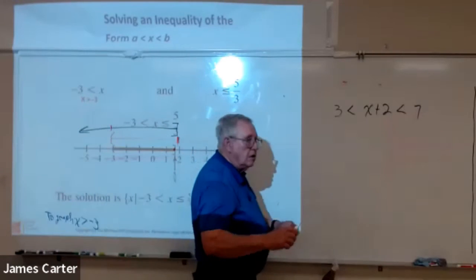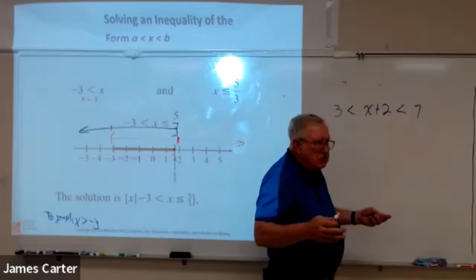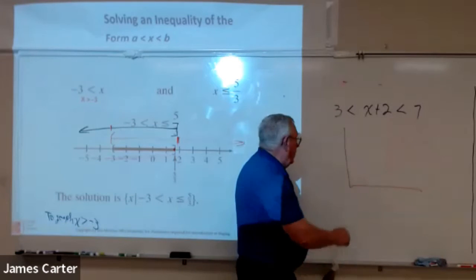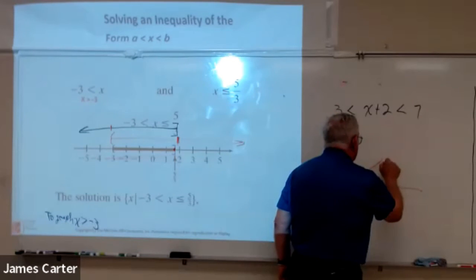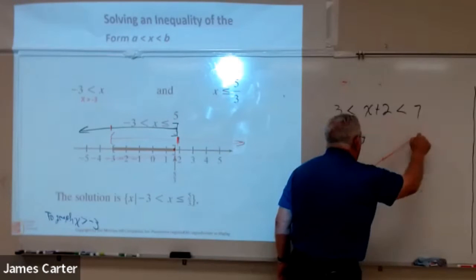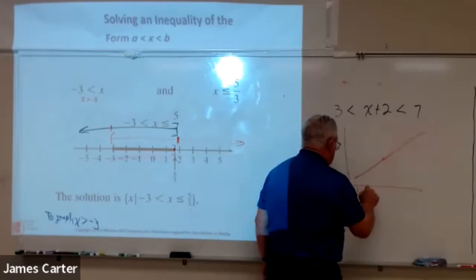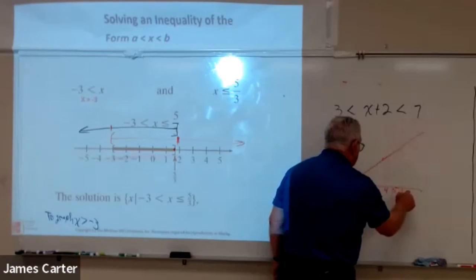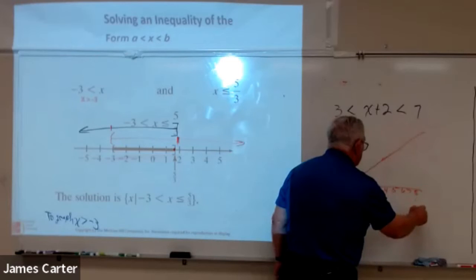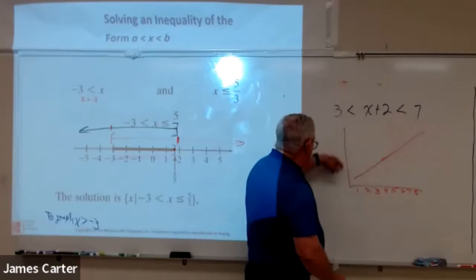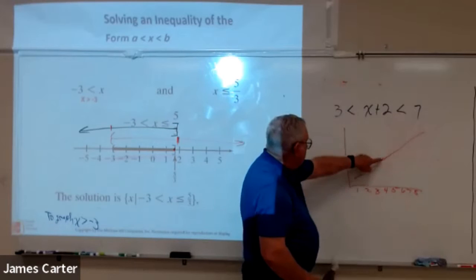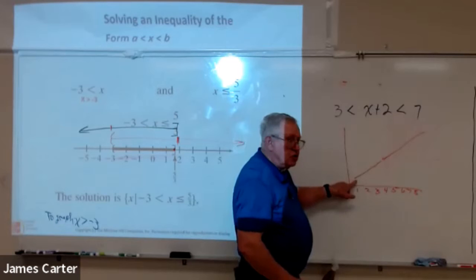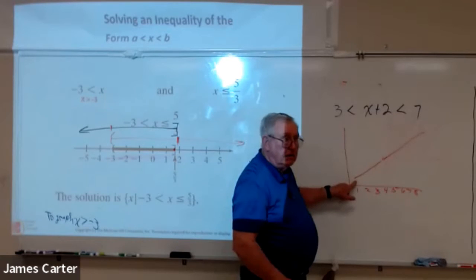Let me draw maybe a slight illustration that might help. Coordinate graphing. Got a line coming up here like this. 1, 2, 3, 4, 5, 6, 7, 8, and so on. That circle right there would indicate that you have two pieces of a line.